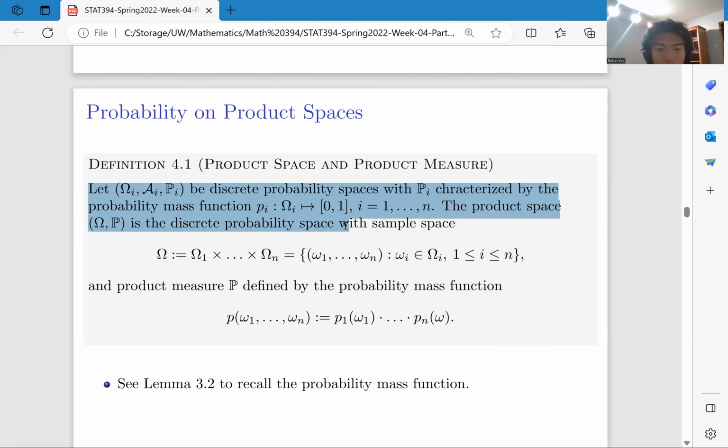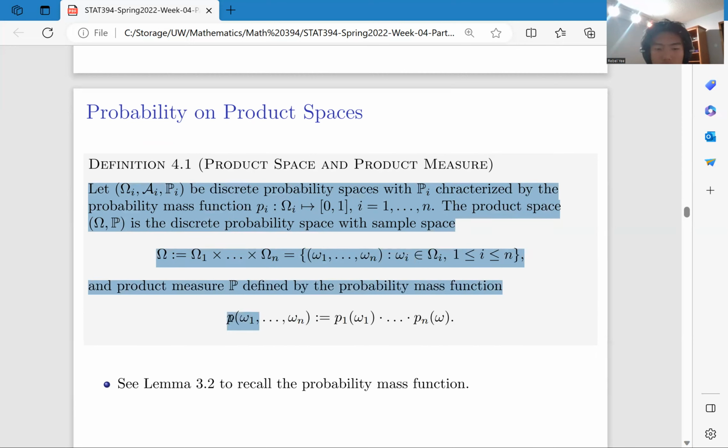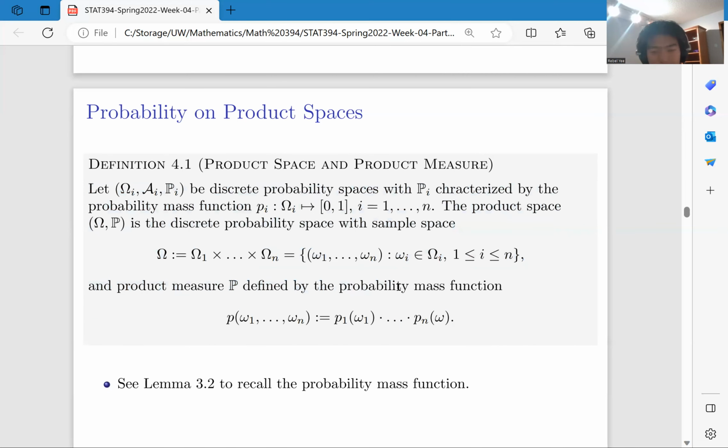And the discrete probability space with sample space Omega is the set of n-tuples with each outcome W1 to Wn inside it. And the product measure P can be defined as just multiplying them together. So this is our definition.